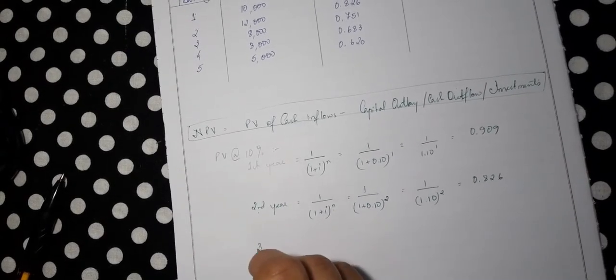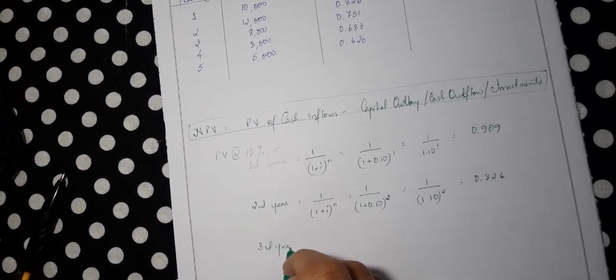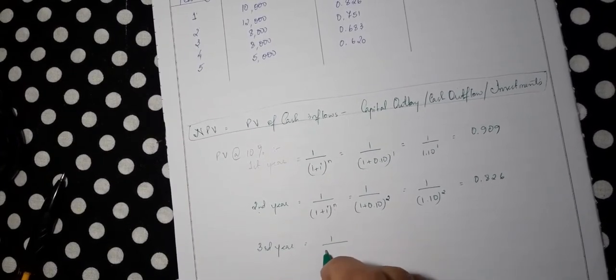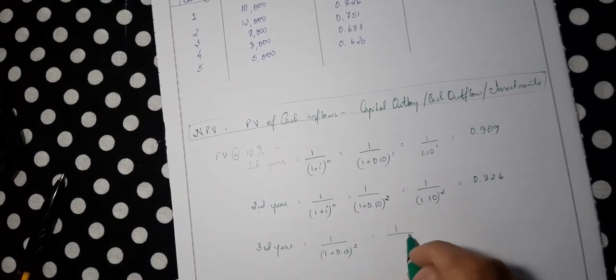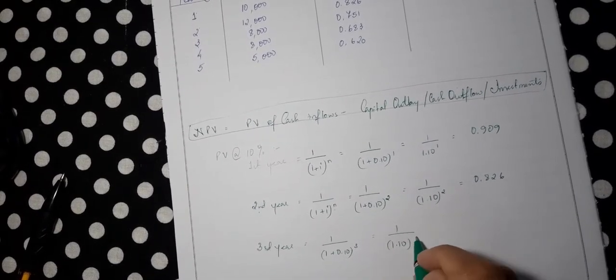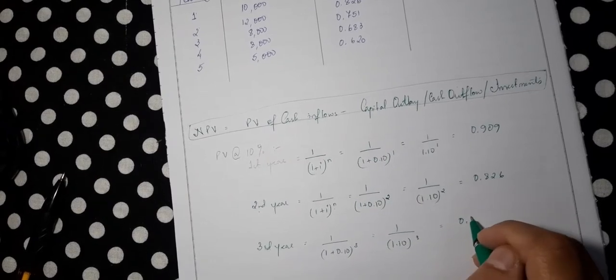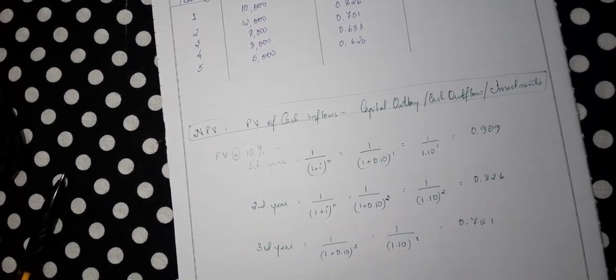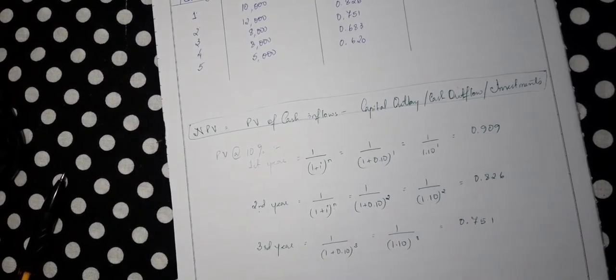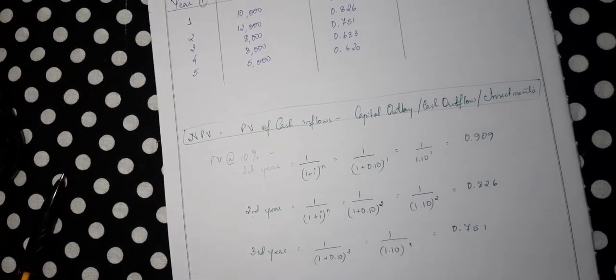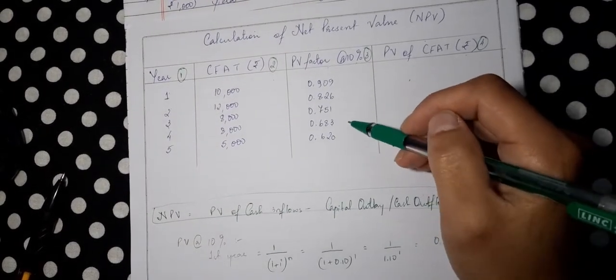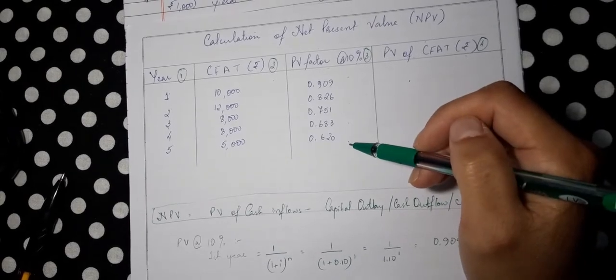And similarly for the third year, it is equal to 1 divided by 1.10 cube, which is equal to 0.751. These are approximations. If we're rounding up to 3 decimal points, they should give us these values that we have been provided with in the question itself.